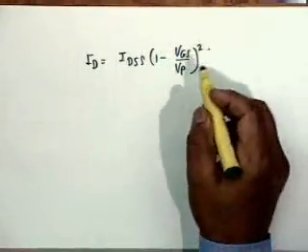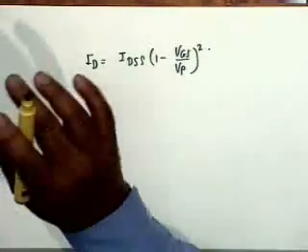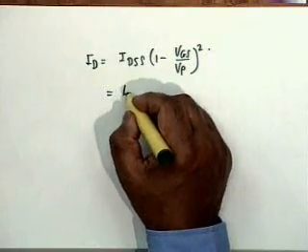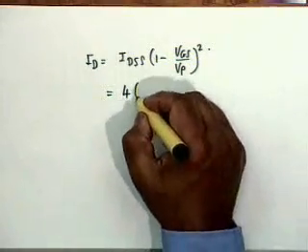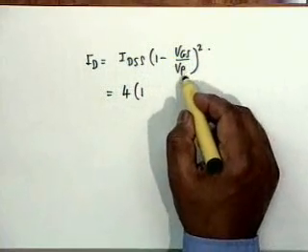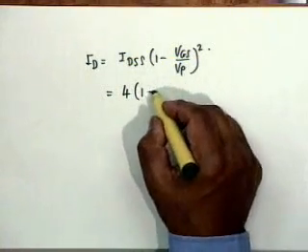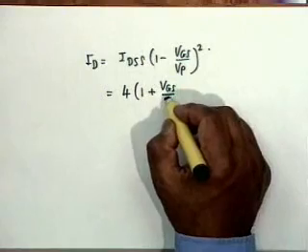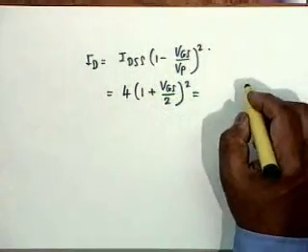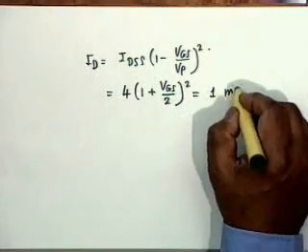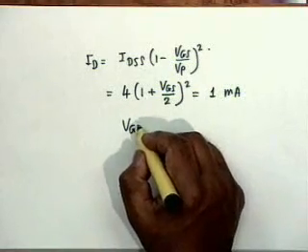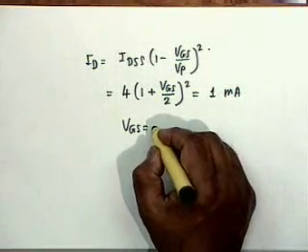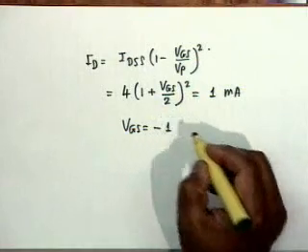You are used to getting implicit equations in ID, a quadratic equation. This will not be the case here, because our IDSS is given as 4 milliampere, VP is equal to minus 2, so 1 plus VGS by 2 whole squared, and this is given as 1 milliampere, which makes VGS equal to minus 1 volt.